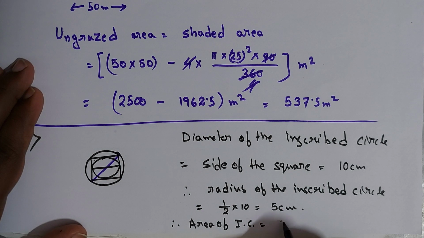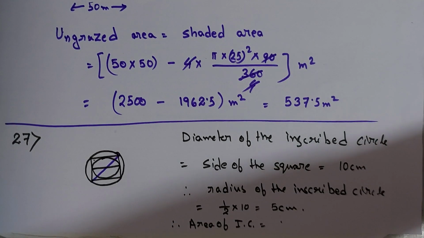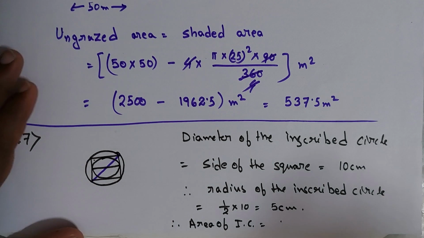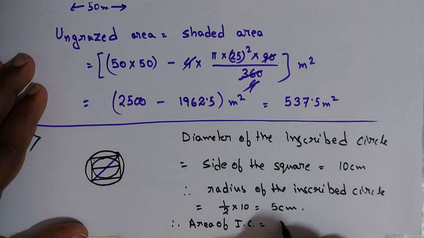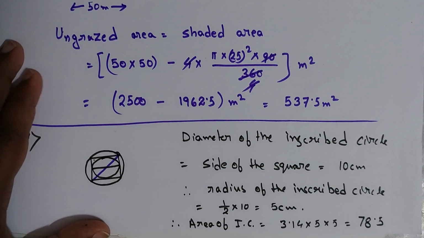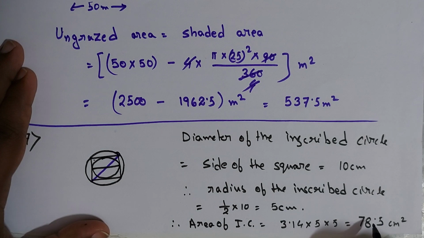I am taking the value of pi that is given in the question, 3.14. So 3.14 into 5 into 5, that is 3.14 into 25. So the result is 78.5 centimeter square. So area of the inscribed circle is 78.5 centimeter square.